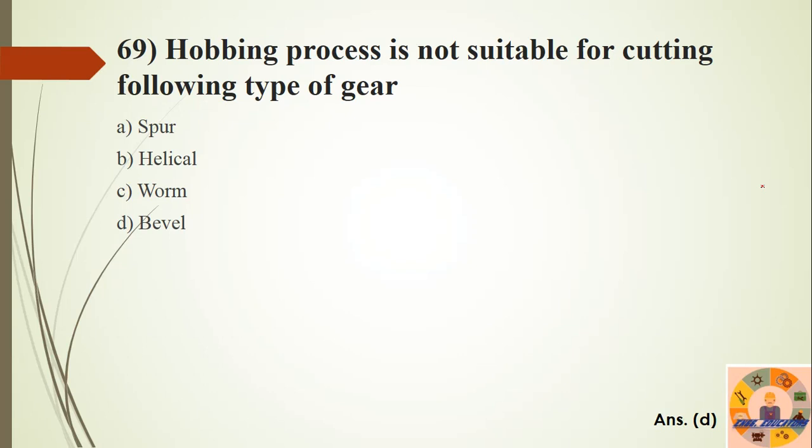So the right answer for this question will be option D, bevel gear, because in the gear hobbing process, the HSS or carbide cutter, the hob, has teeth like a gear milling cutter, but the hob looks and behaves like a single cutter. So the bevel gear, which we cannot produce by the hobbing process, so the right answer will be option D.